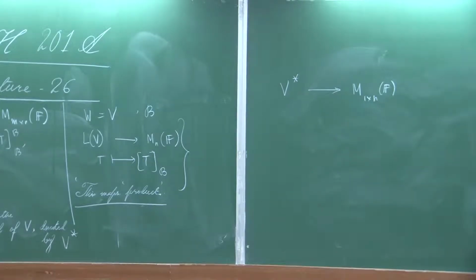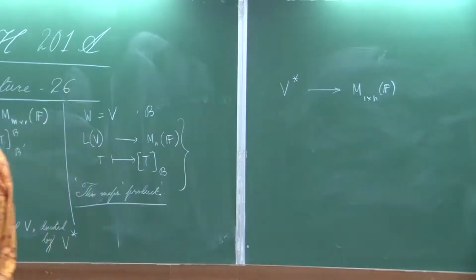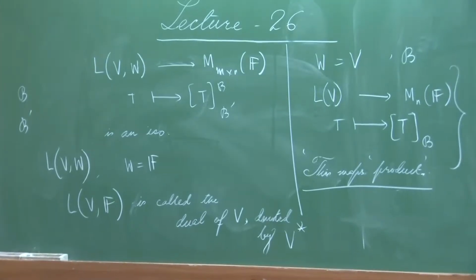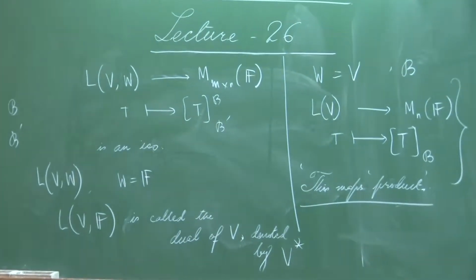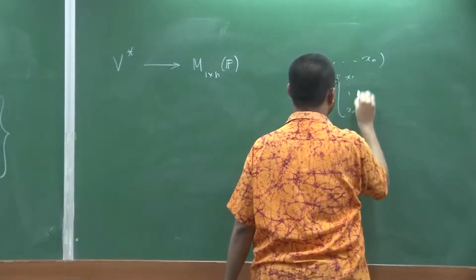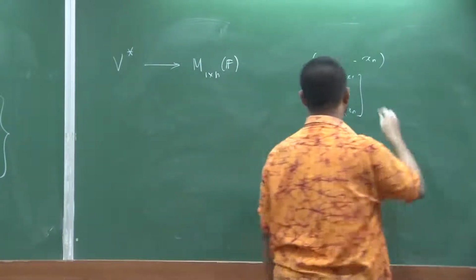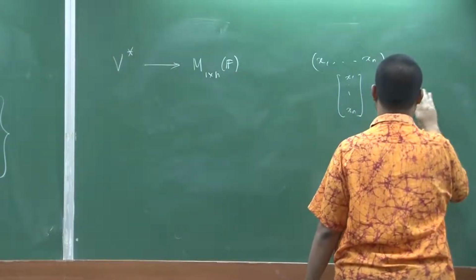A row matrix, we have already agreed that according to our convenience we will interchangeably write a tuple as a row matrix or a column matrix, depending upon our situation. Given an ordered tuple, sometimes I will immediately convert it to the corresponding row matrix or column matrix.